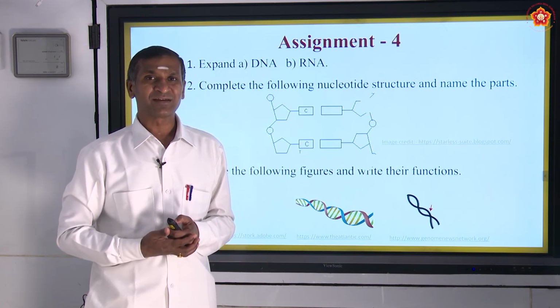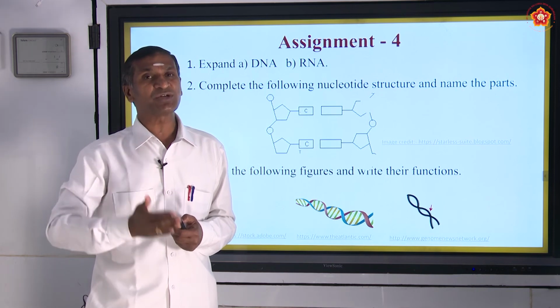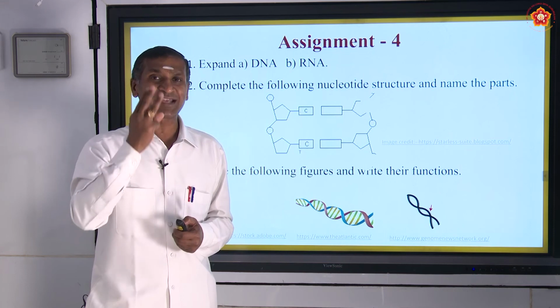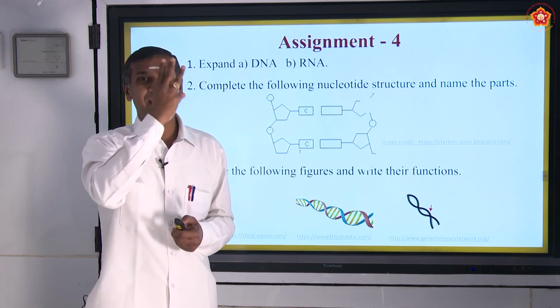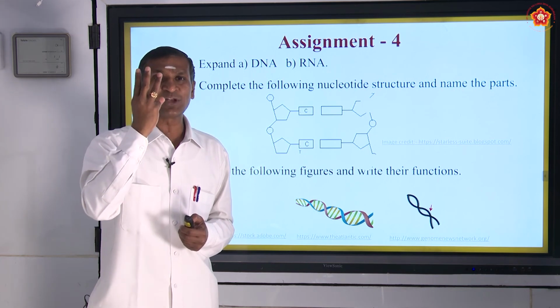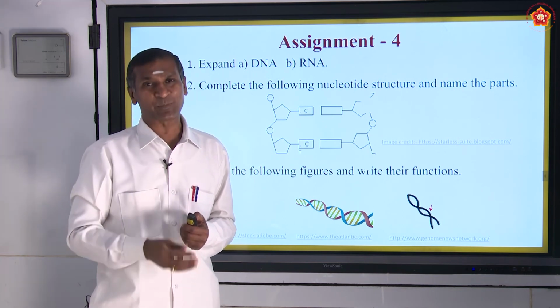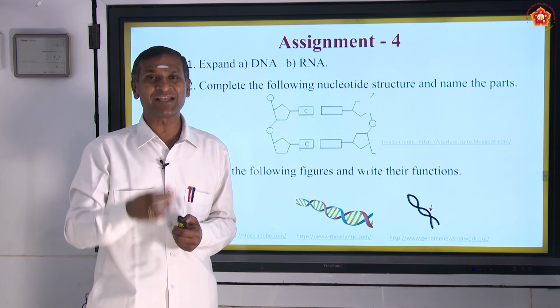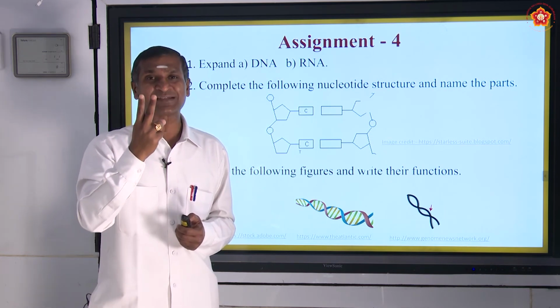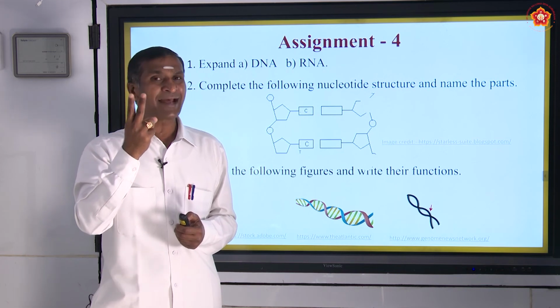Further, we understood each nucleotide structure, where a single nucleotide is made up of three components. Perfect. One is the pentose sugar. The next is the nitrogen bases, which are purine and pyrimidine.